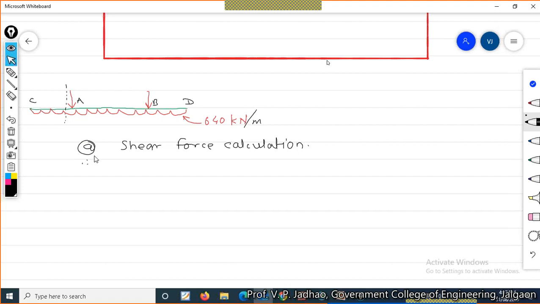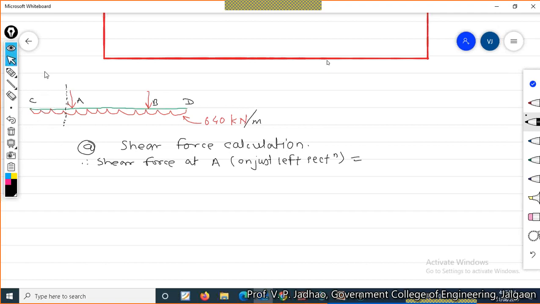Therefore shear force at A, on the just left section. Okay, so this will be equal to, now we are taking some section here, and we have to calculate the shear force.